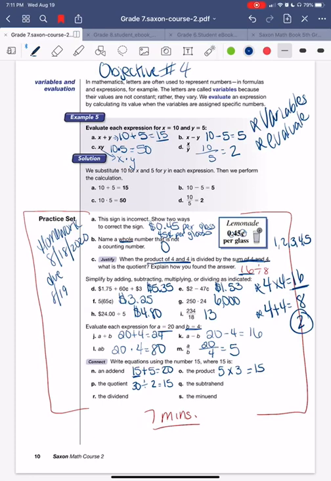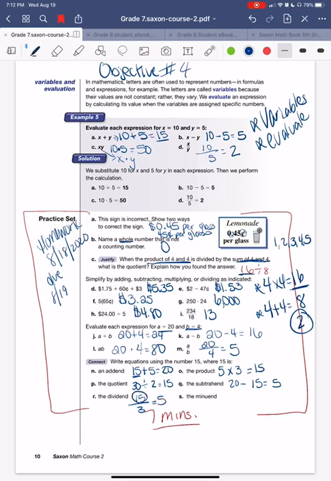The subtrahend. Remember, the subtrahend is the number that we subtract. So I can say 20 minus 15 equals 5. The dividend. Remember, the dividend is the big number, or your top number, when you're dividing. So let's say 15 divided by 3 equals 5.